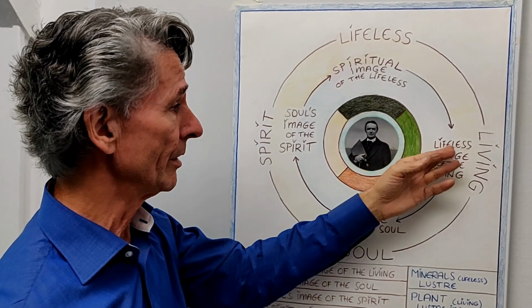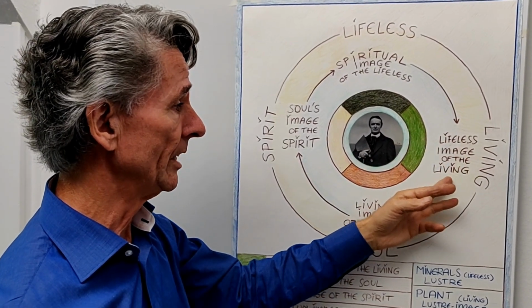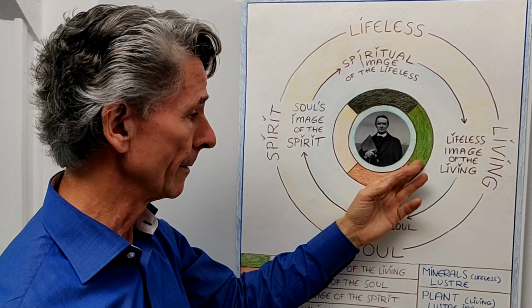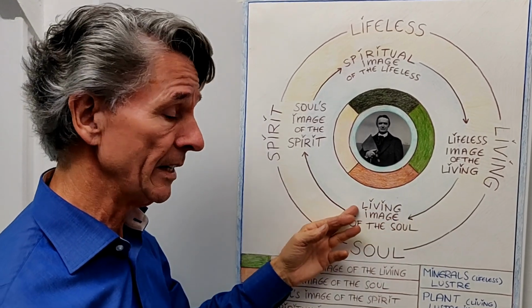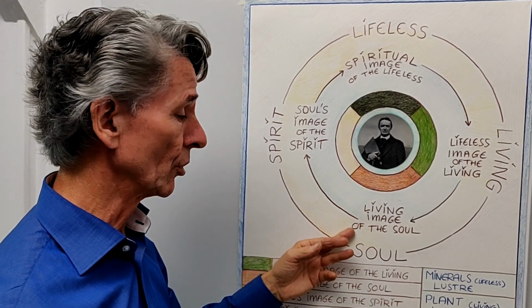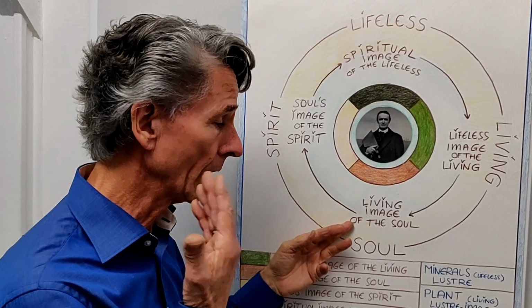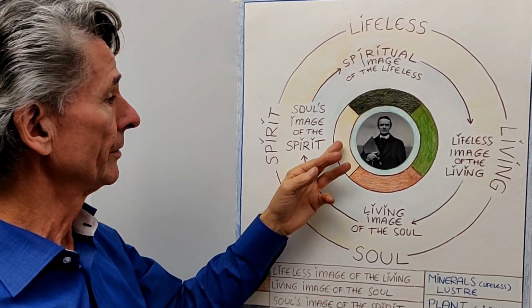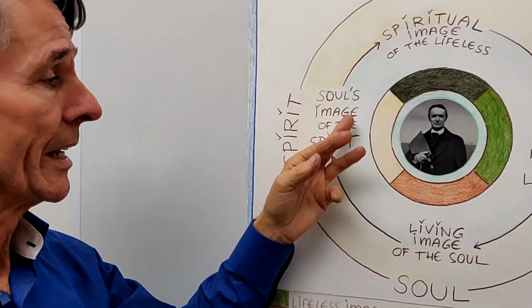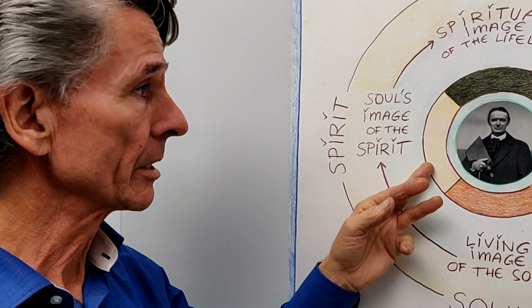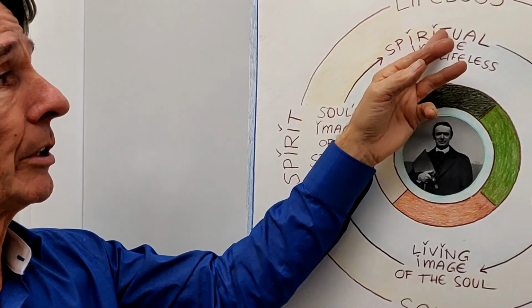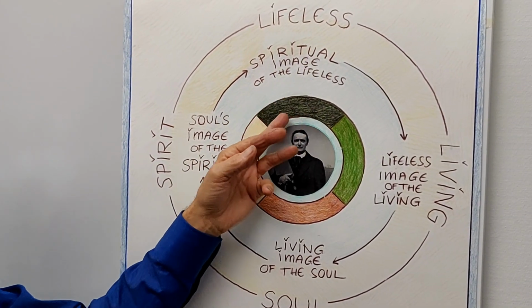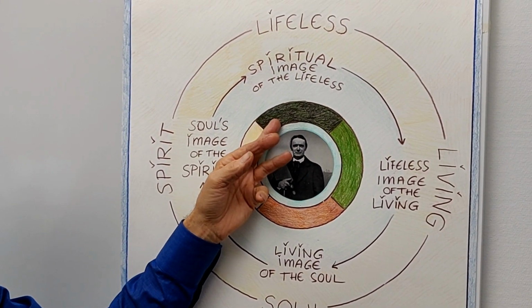It is the lifeless image of the living, this green. It is the living image of the soul, because the skin color is changing all the time. And then we have the soul's image of the spirit and the spiritual image of the lifeless in the black.